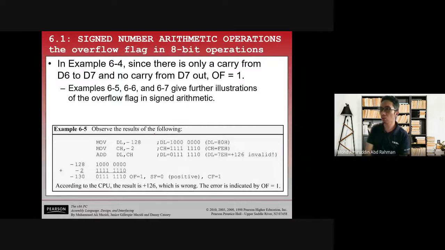So in the previous example, as I said, we have a carry from D6 to D7, but there is no carry from D7 out. So OF is 1.